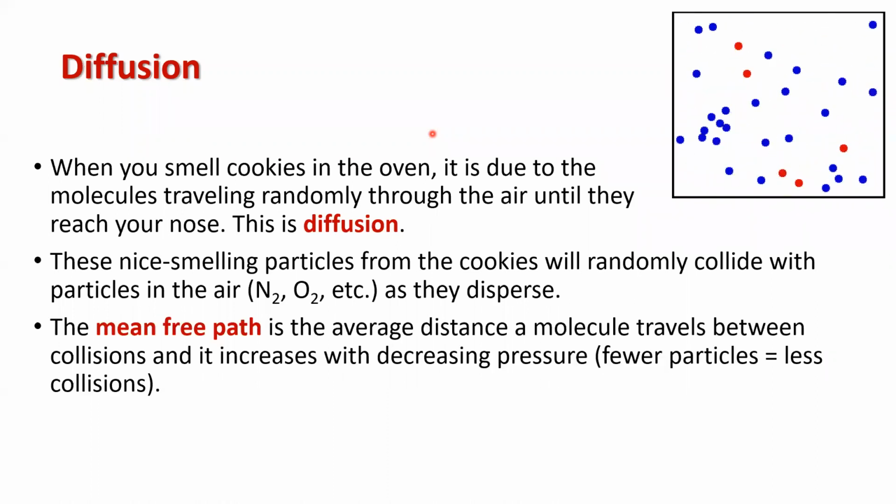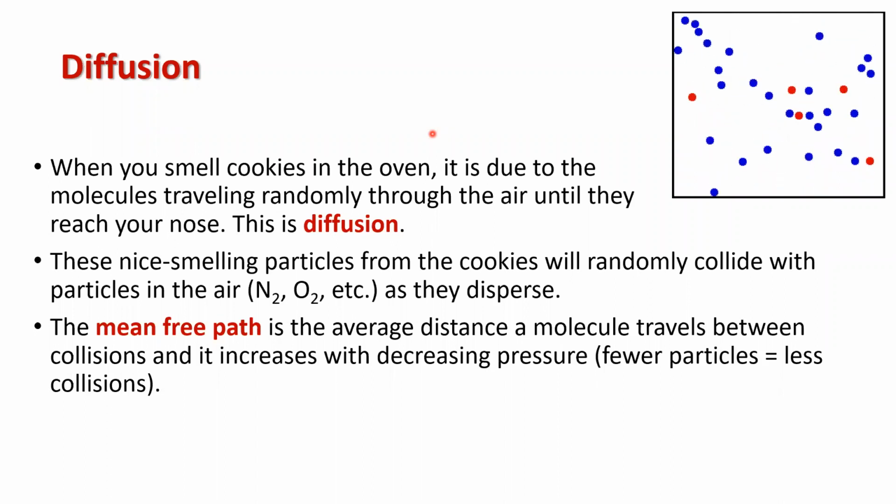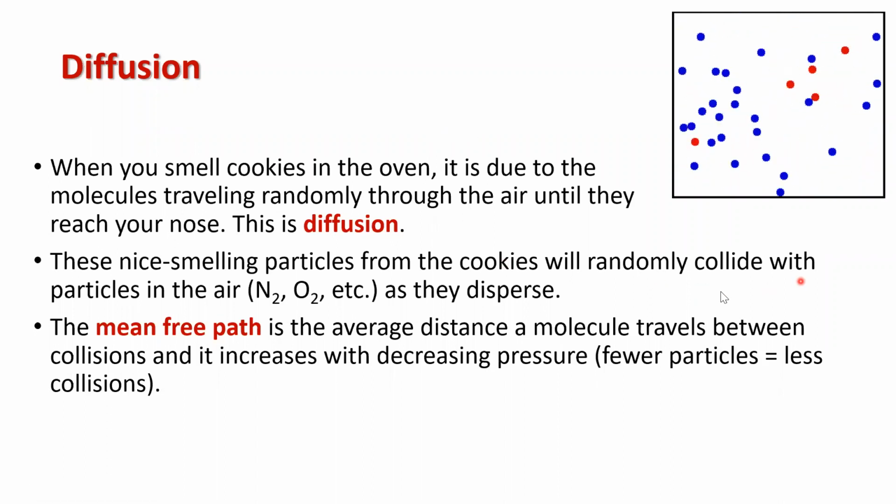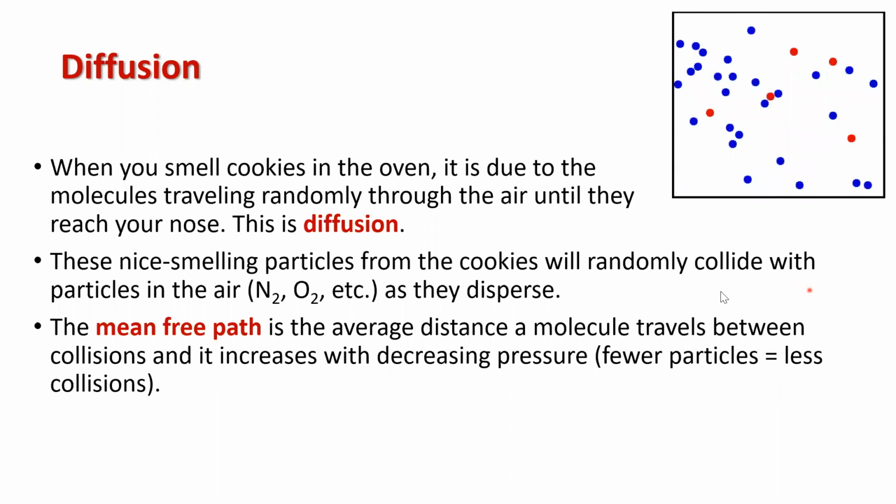The average distance a molecule travels between collisions is called our mean free path. And the fewer the particles, the fewer the collisions, and the greater the mean free path would be.